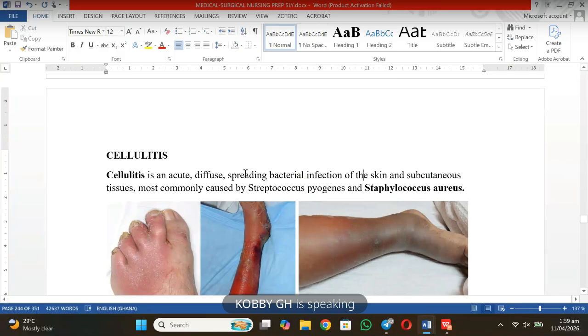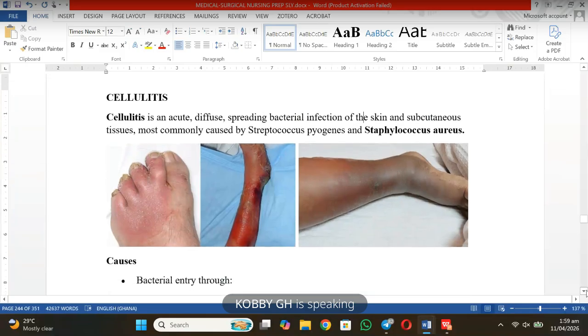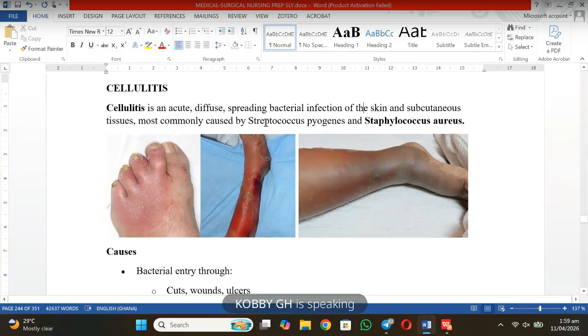Now, when we say cellulitis, I have some images over here. Cellulitis is simply an acute diffuse bacterial infection of the skin and subcutaneous tissues.